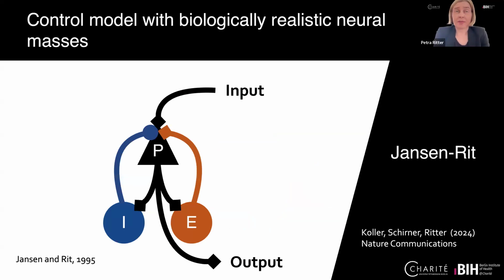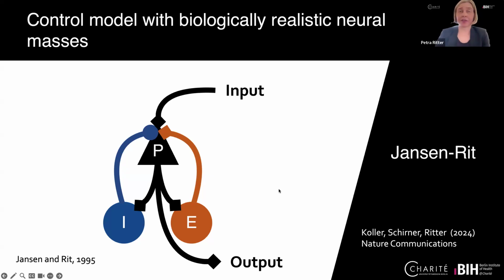So now as a next step, the question was, is this also the case if we not just couple the oscillators with this structural connectome that has in-strength gradients, but more physiologically grounded neural mass models?